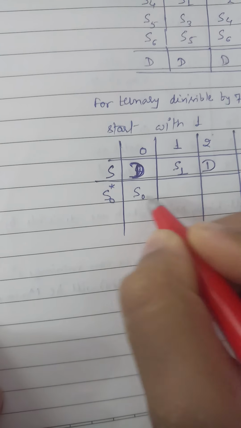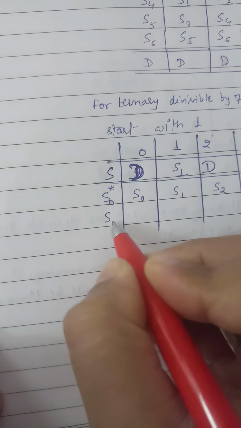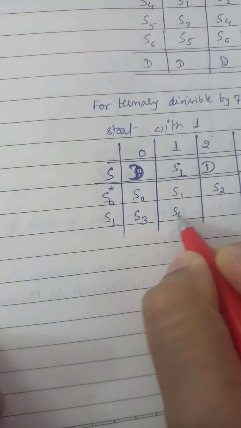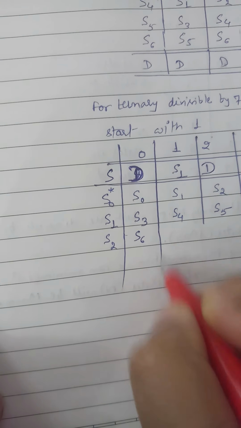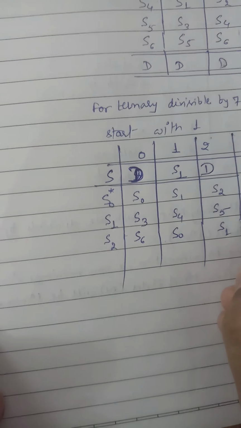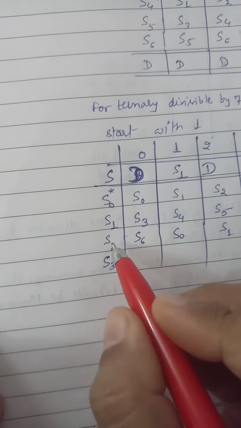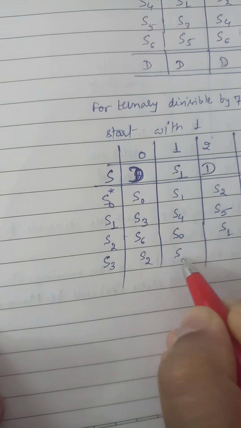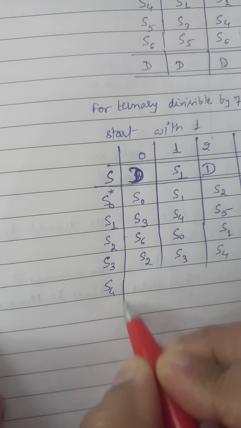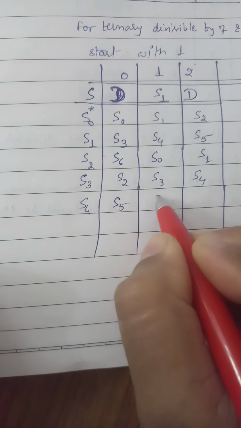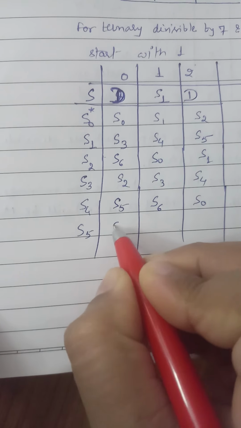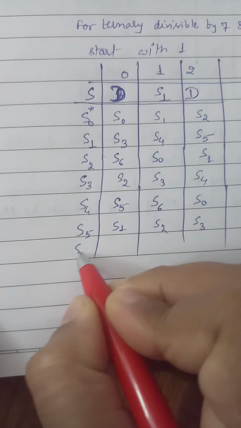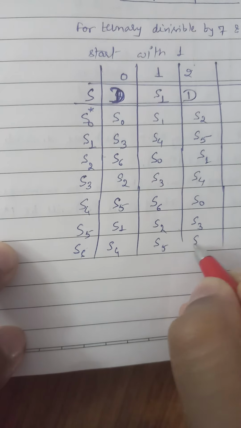S0 goes to S0, S1, S2; S1 to S3, S4, S5; S2 to S6, S0, S1; S3 to S2, S3, S4; S4 to S5, S6, S0; S5 to S1, S2, S3; S6 to S4, S5, S6.